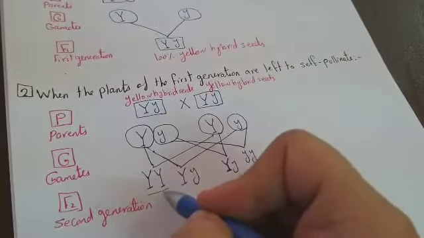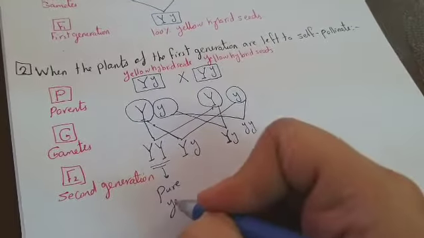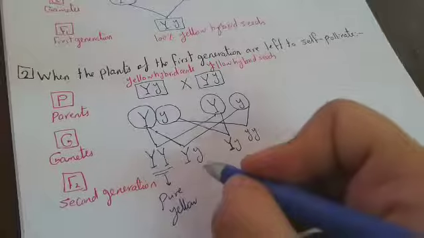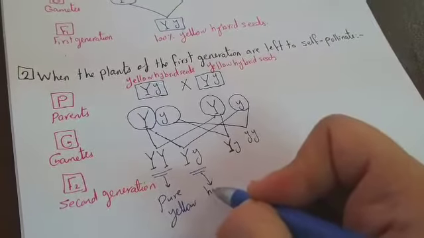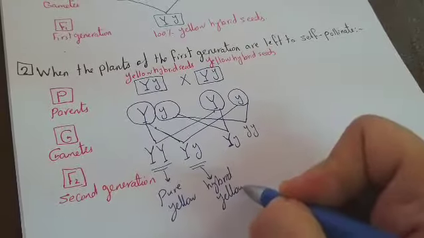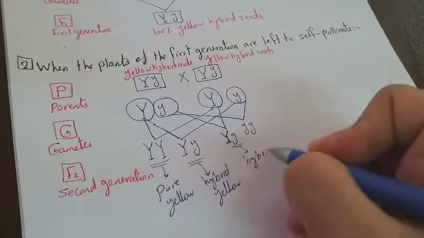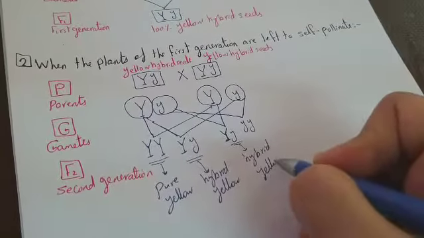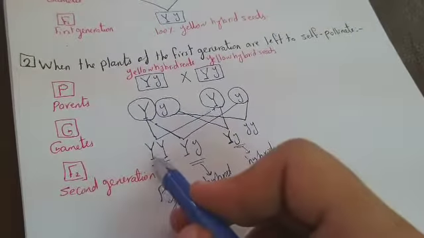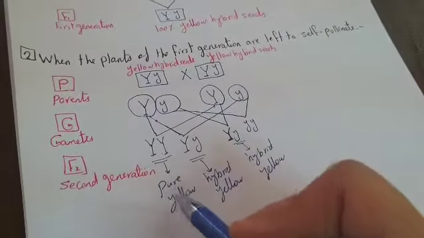So here we have, this is what? Pure yellow. And here, hybrid yellow. And here, hybrid yellow. Here it is pure: Y capital is yellow, Y capital is yellow, and they are dominant, so it will be pure yellow.